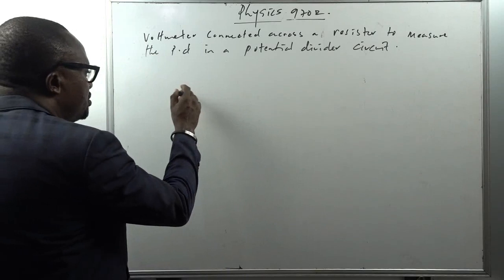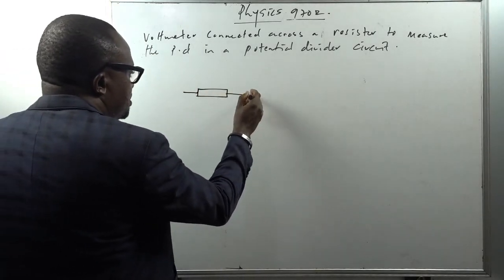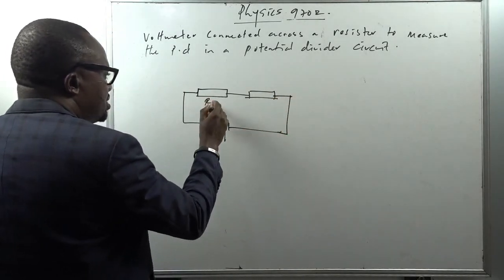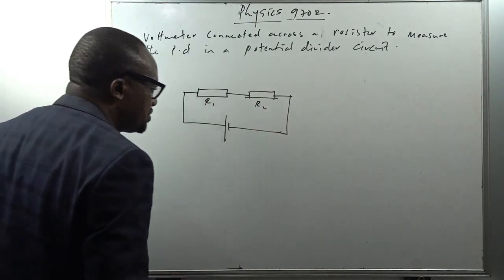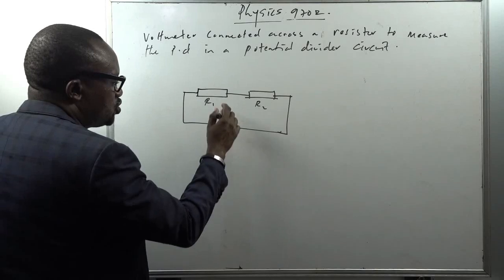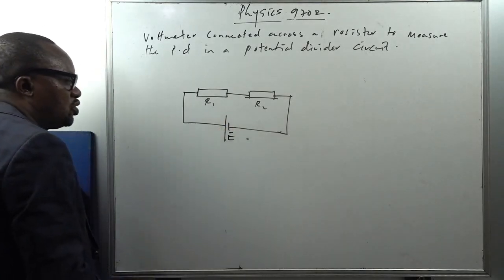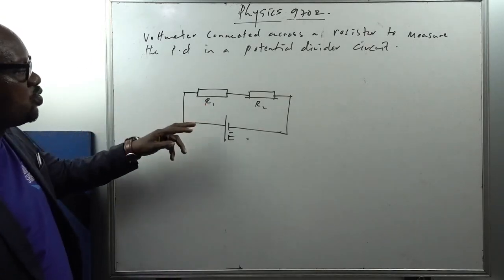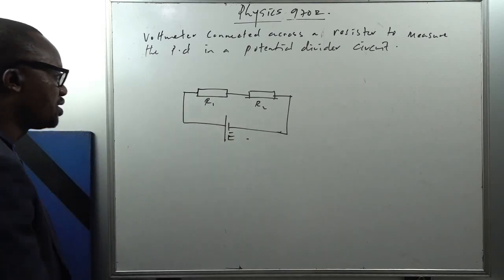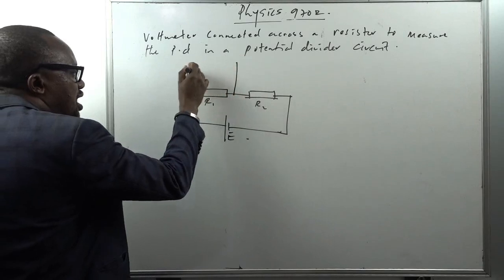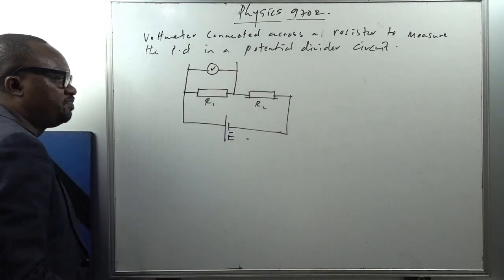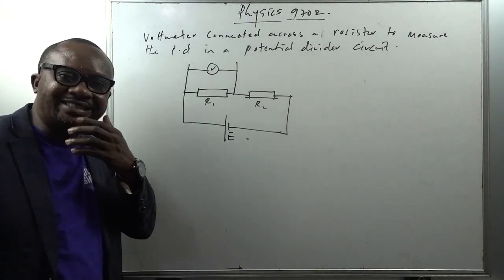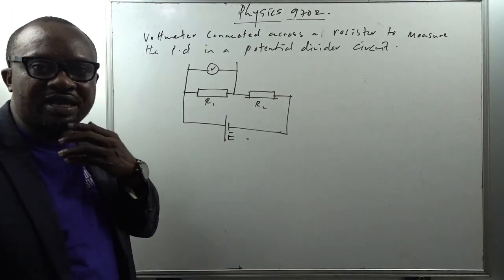So, for example, you have resistors R1 and R2 connected in a potential divider circuit to a power supply of EMF E. We have explained before that to calculate the PD across R1, it will just be R1 over R1 plus R2 times E. But if I connect the voltmeter across R1 to measure the PD across R1, the voltmeter reading will not necessarily be equal to the calculated PD across R1.